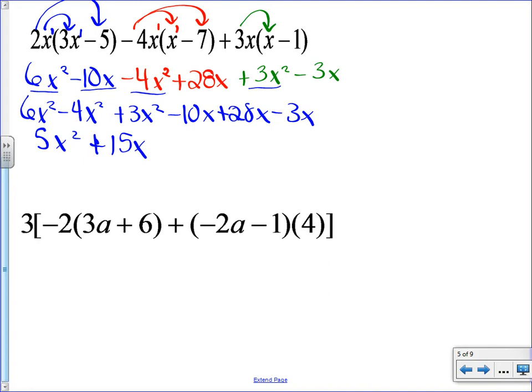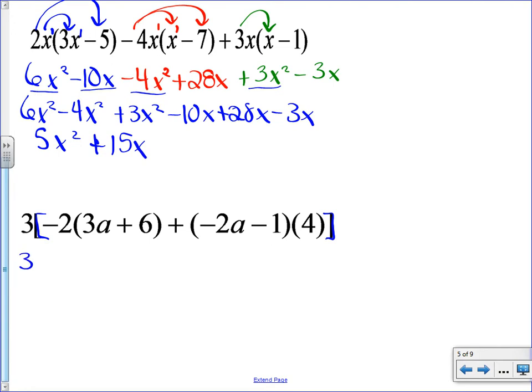Now, why is this example different, Ben? There is square brackets. So this is actually telling us that I have to do what's inside these brackets first. So I'm going to ignore this 3 on the outside. That's what I'm going to do at the very end.